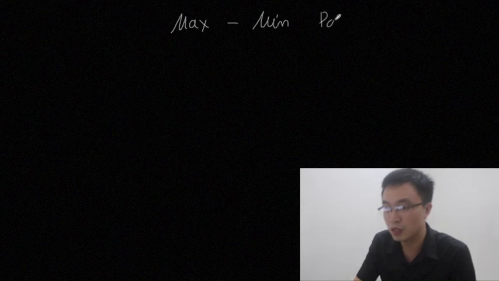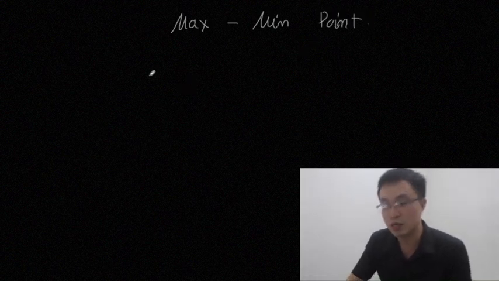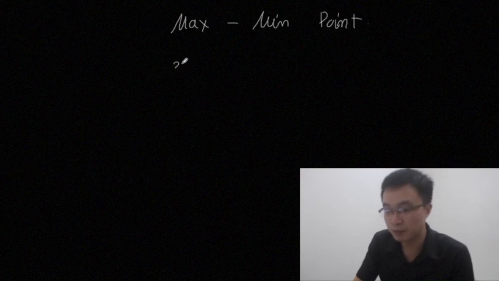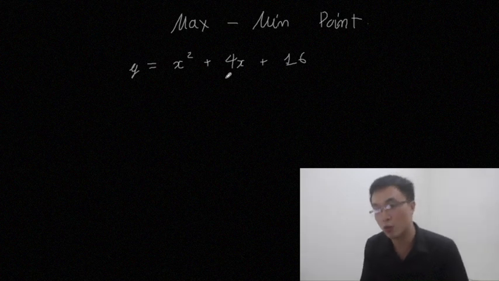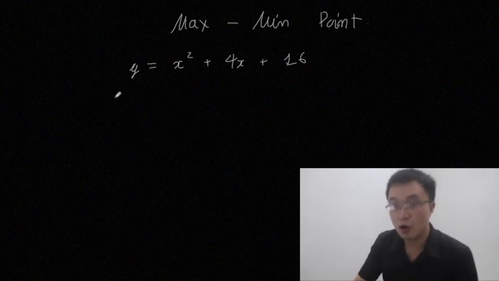Okay, today we will focus on finding the maximum and minimum point in the quadratic equation, and I will use an example like this. We have x squared plus 4x plus 16, and I want to find the maximum or minimum point for this equation, and I can use completing the square.